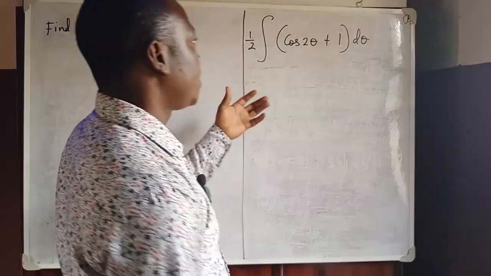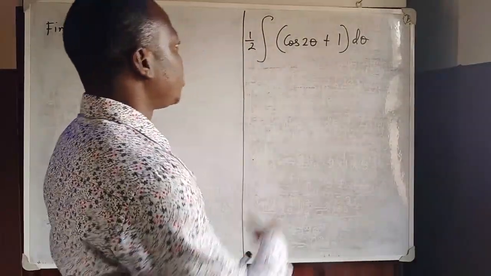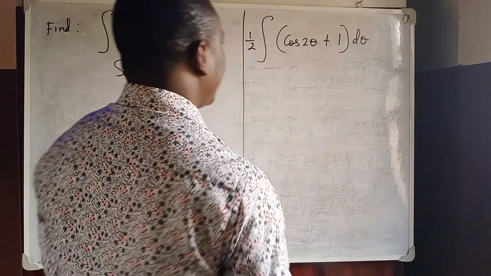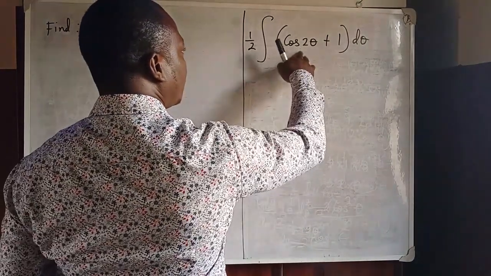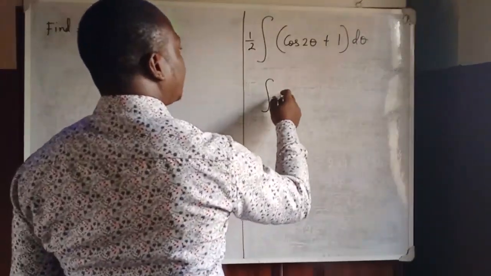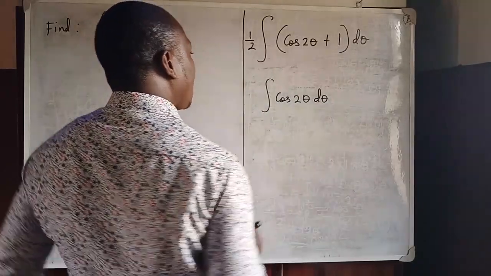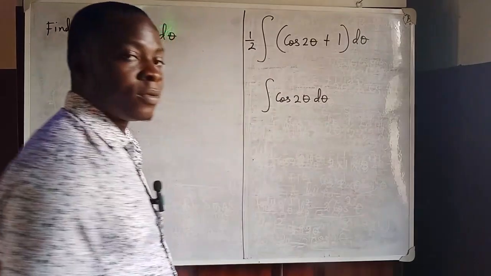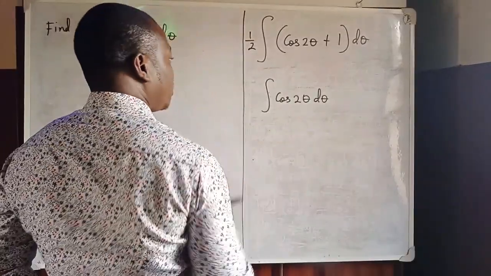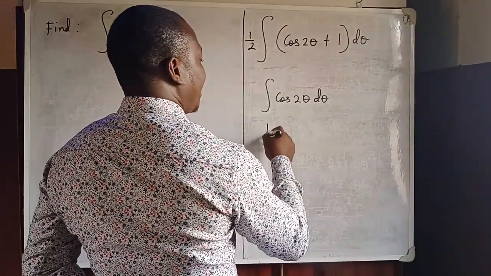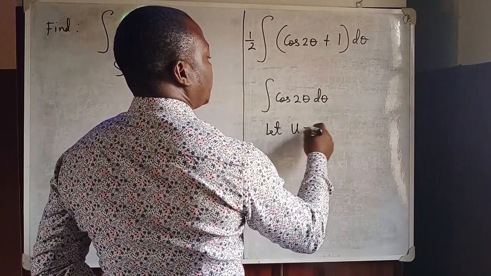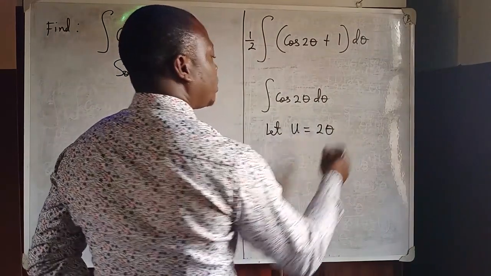So if we move further to integrate this by parts, this is what we are going to have. We'll remove this and integrate it. To integrate cos 2 theta with respect to theta, we'll use substitution. So you say let u be equal to 2 theta.